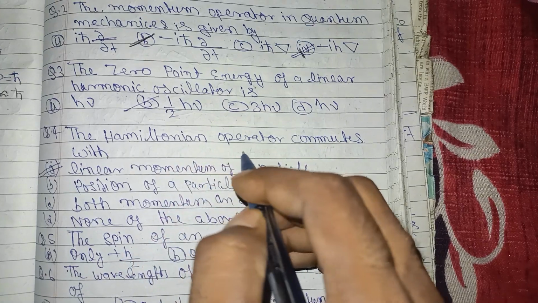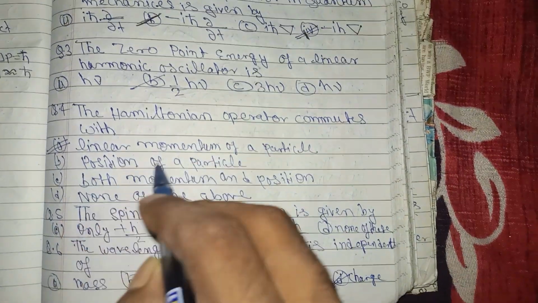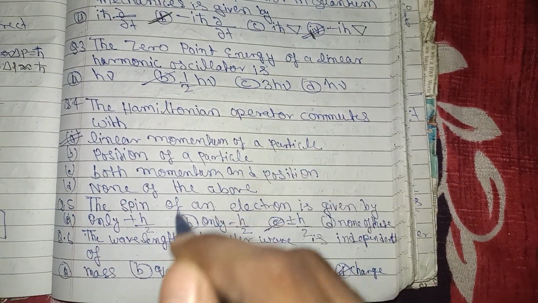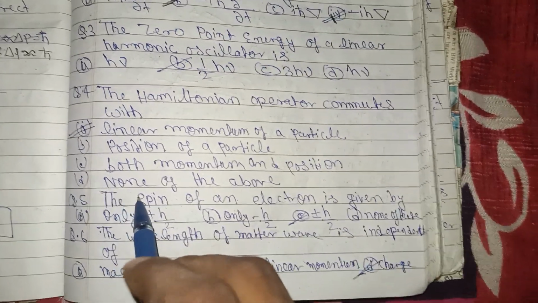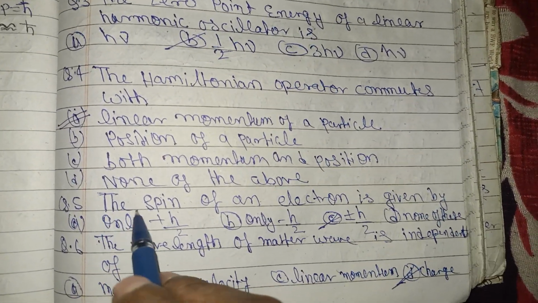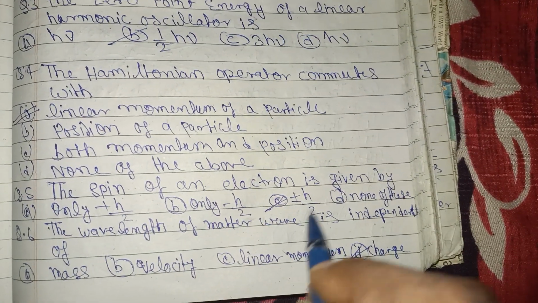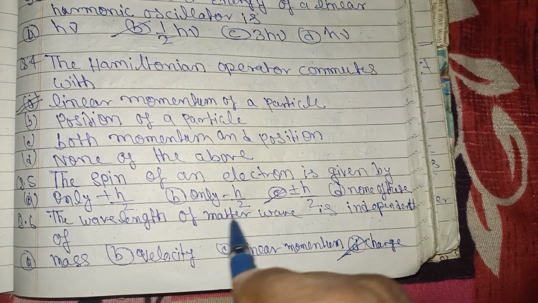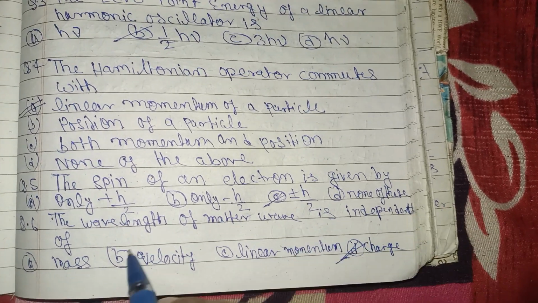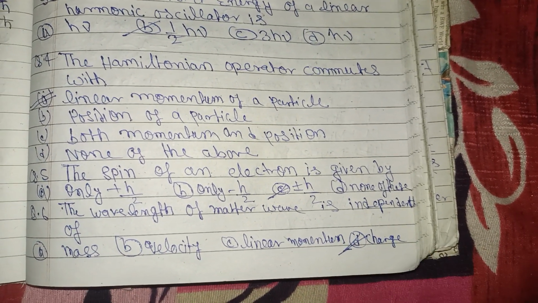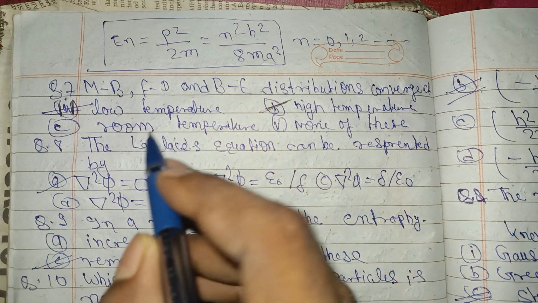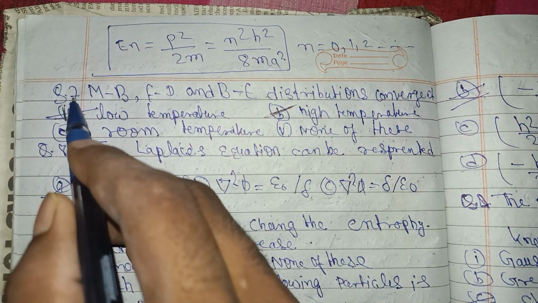The Hamiltonian operator commutes with the linear momentum of a particle. And question 5: the spin of an electron is given by plus minus h by 2. The wavelength of a matter wave is independent of charge. So this is question number 7.